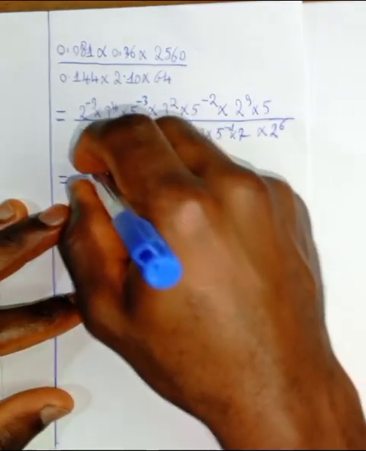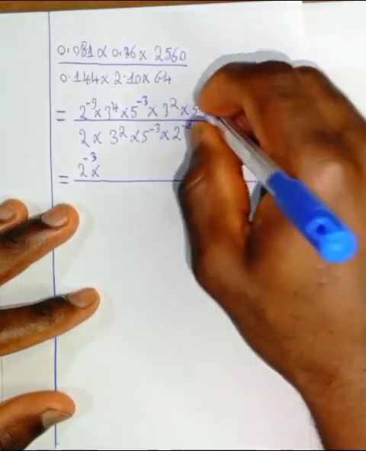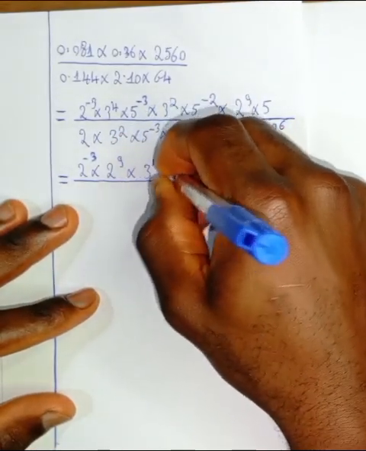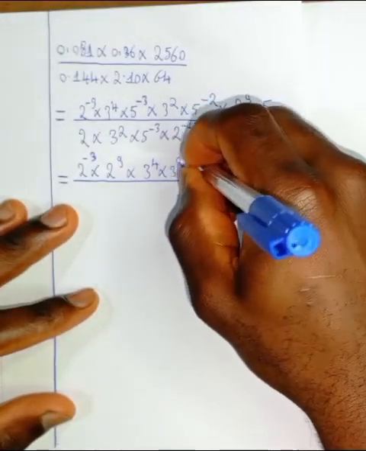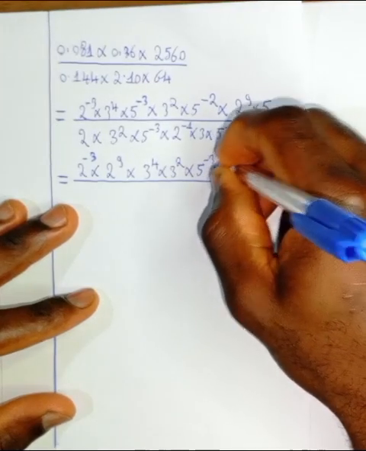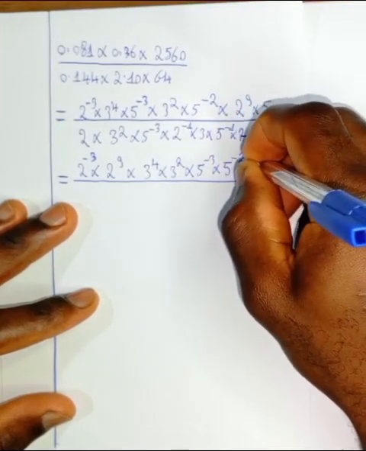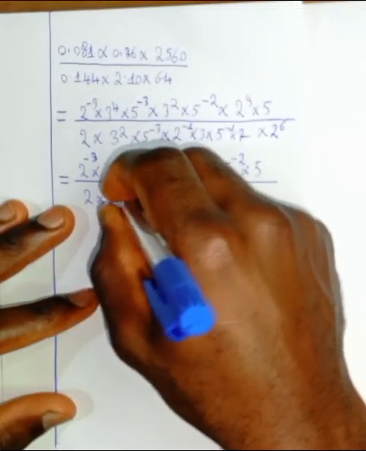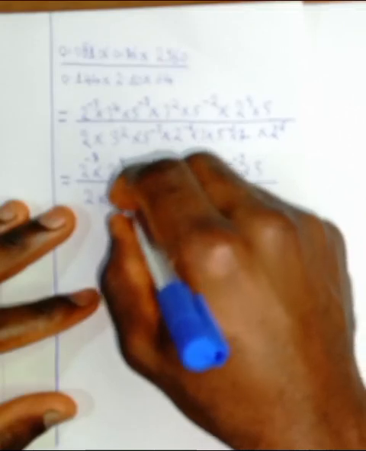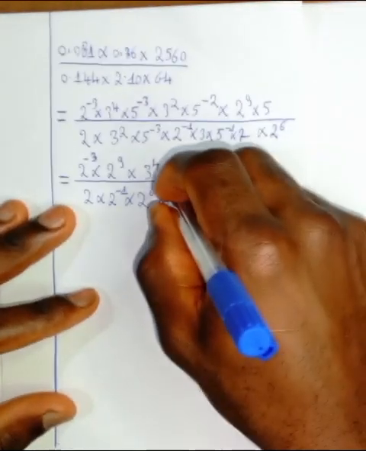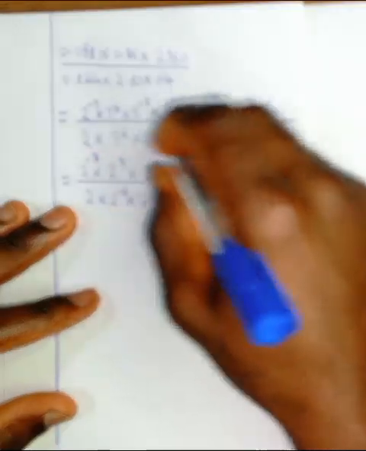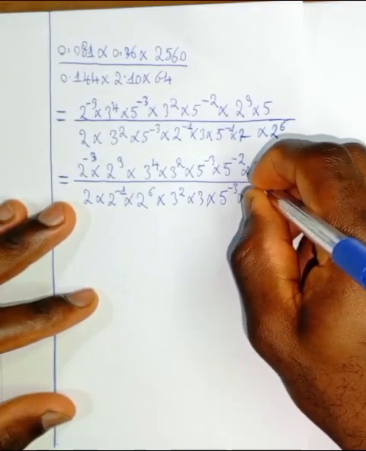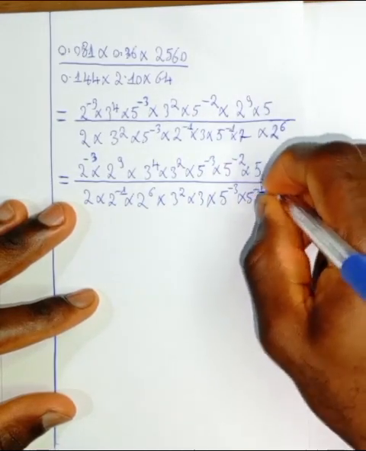Let's bring the numbers with the same base together first, times 2 raised to the power 9, times, we go to the next, 3 raised to the power 4 times 3 raised to the power 2, we go down to the next, times 5 raised to the power negative 3 times 5 raised to the power negative 2 times 5, all over 2 times 2 raised to the power negative 1, times 2 raised to the power 6 times 3 raised to the power 2 times 3, times 5 raised to the power negative 3 times 5 raised to the power negative 1 times 7.